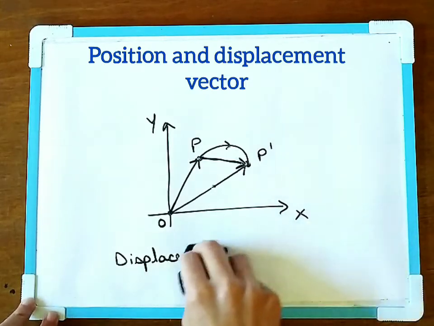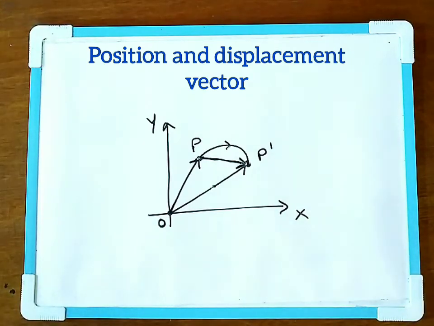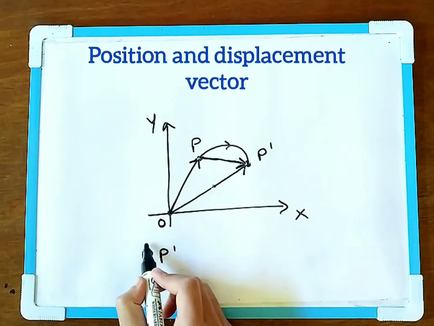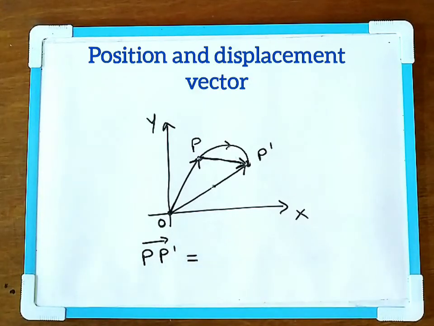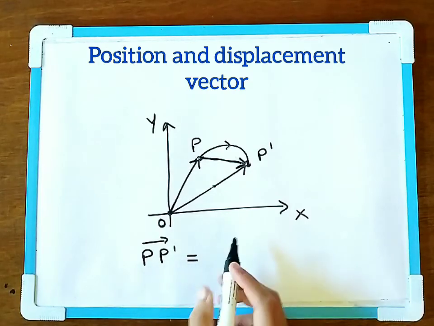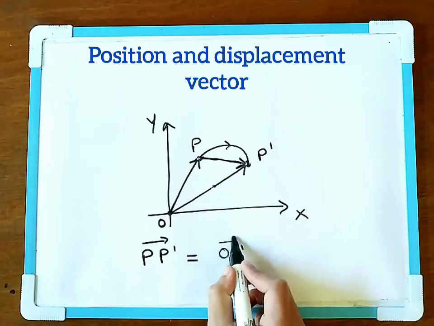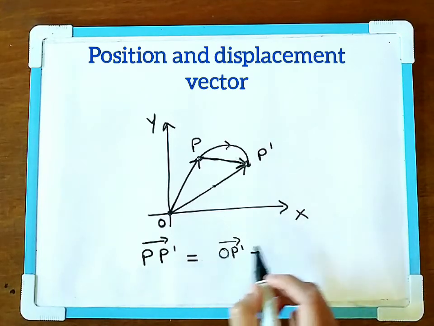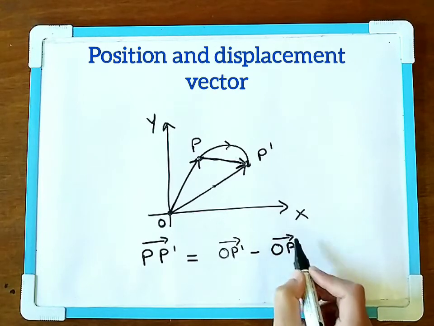So the relation between the displacement vector and the position vector is given as PP dash vector equals, first you take the final position vector, which is OP dash vector, then minus the initial position vector OP.